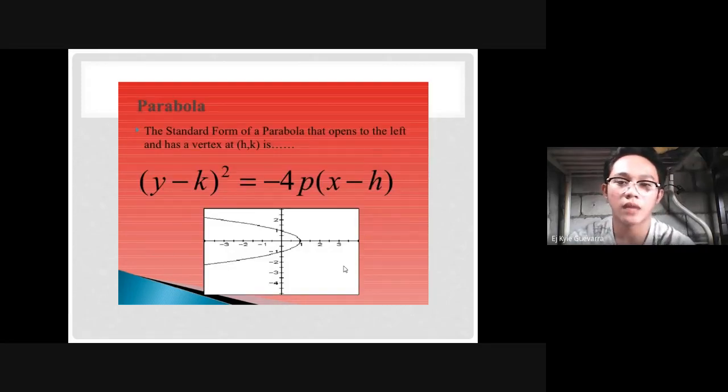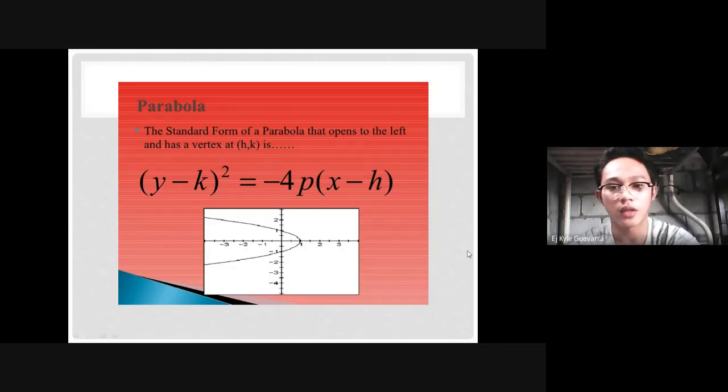Next, kapag to the left naman ang ating parabola at ang vertex is h and k, the equation is y minus k squared is equal to negative 4p times the quantity of x minus h. Ayan, to the left na ang ating graph ng ating parabola.